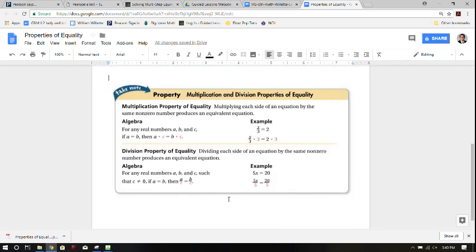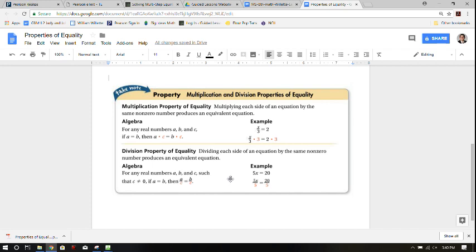And those same properties are true for multiplication. For 3 numbers a, b, and c, if a equals b, then a times c is the same as b times c. And then division as well. For 3 numbers a, b, and c, where c cannot be 0 because you can't divide by 0, if a equals b, then a over c equals b over c.